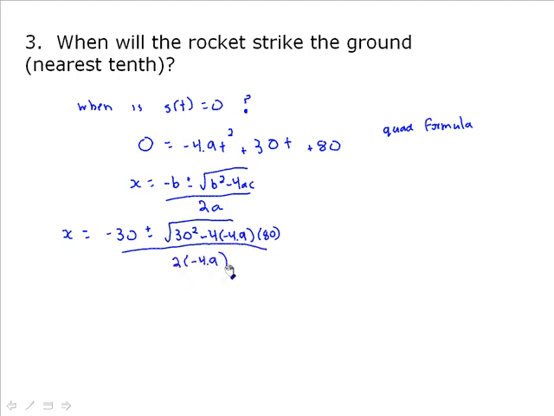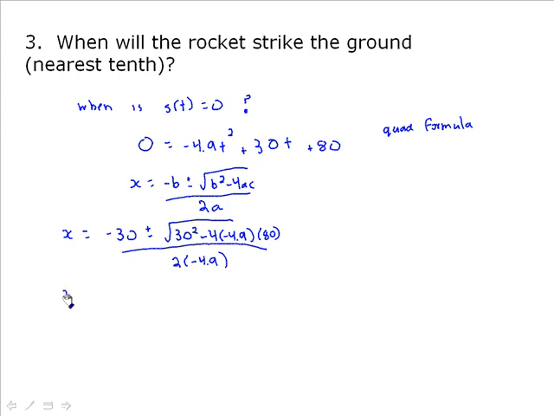Now, to be honest with you, I usually will make the leading term positive just for ease and bring it to the other side and change the signs, but no big deal. I'm okay with this. In the radical, 30 squared, the two negatives cancel, so it's plus 4 times 4.9 times 80, 2468.